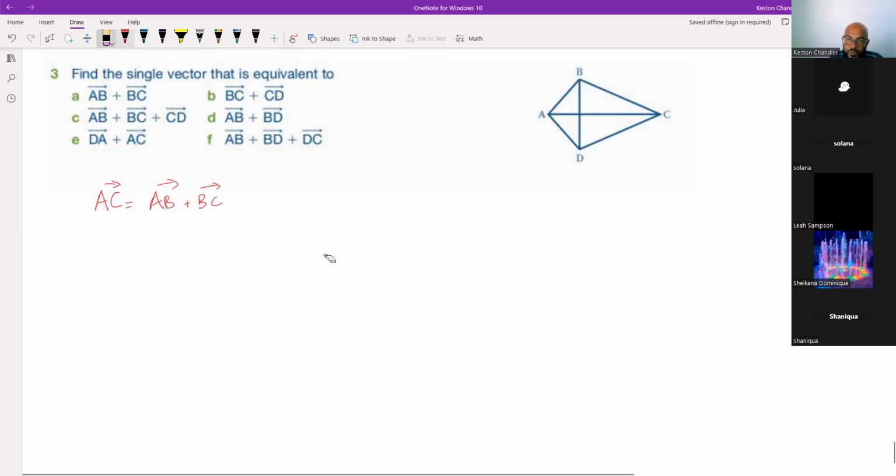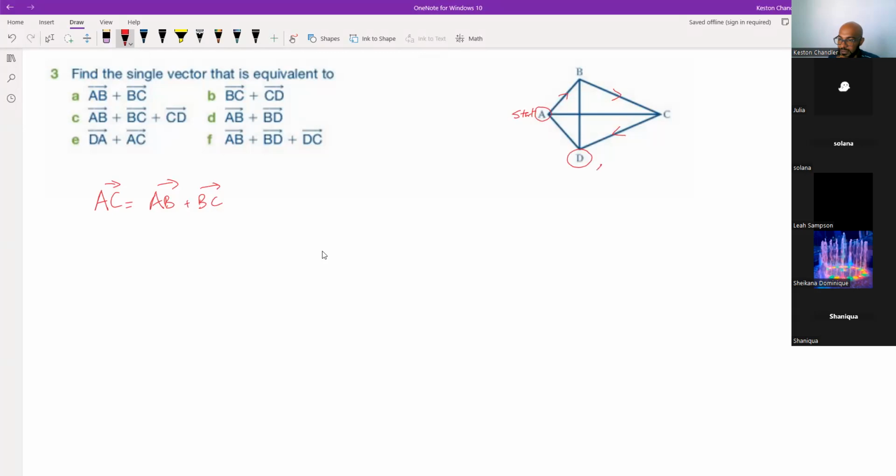Let's look at another one. A to B, then B to C, and then C to D. You see now? Where are we starting? Where are we ending? We're starting here. Where are we ending? D. Very good, Shaniqua.